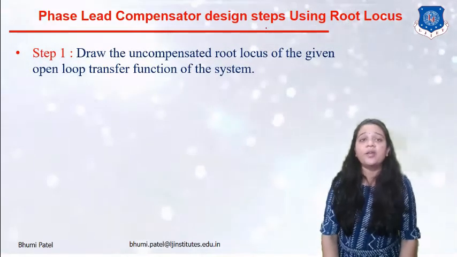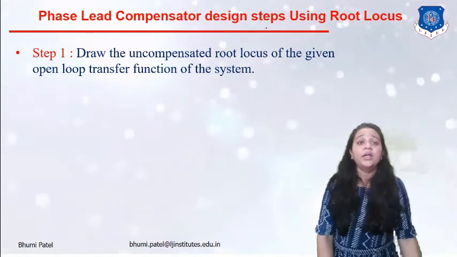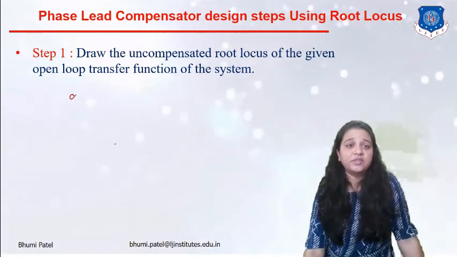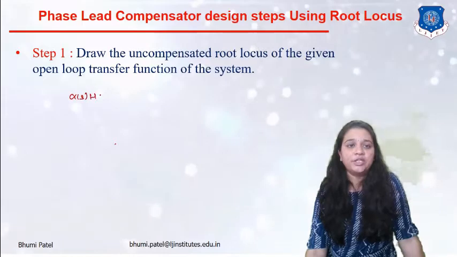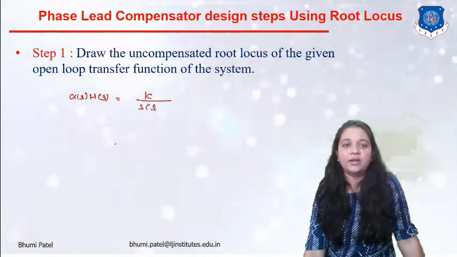Step number 1 is to draw the uncompensated root locus of the given open loop transfer function of the system. Suppose the transfer function of the system G(s)H(s) is given as K upon s plus 1.